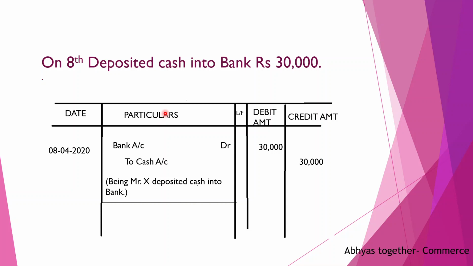Bank account is an asset nature, then it falls under the real account. Debit what comes in; in the bank the amount is increasing, it is coming into the bank, so bank will be debited and we credit the cash as the cash is going outside the business. Then being Mr. X deposited cash into the bank.